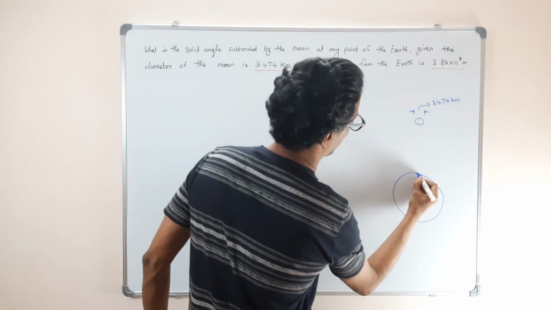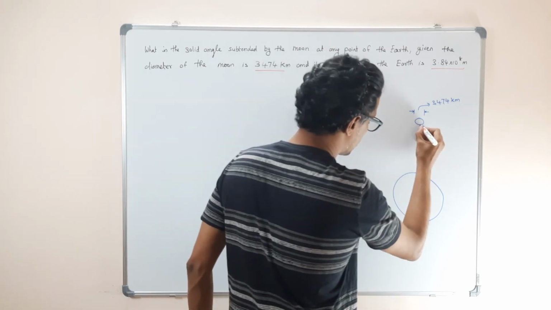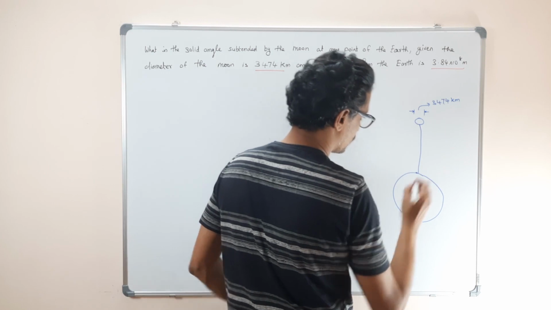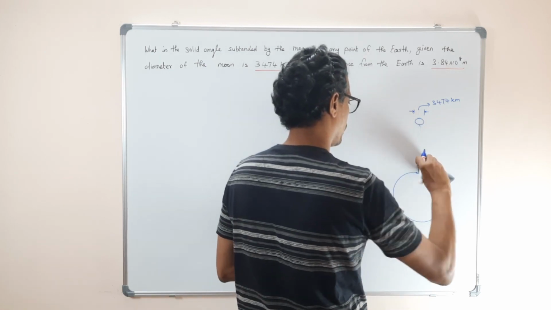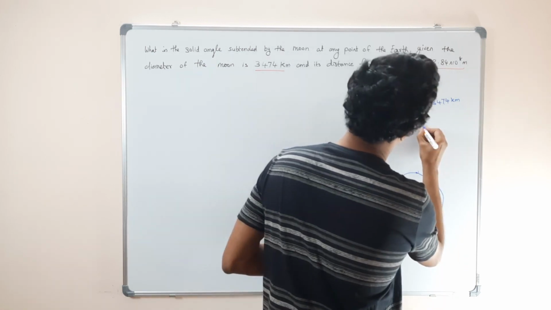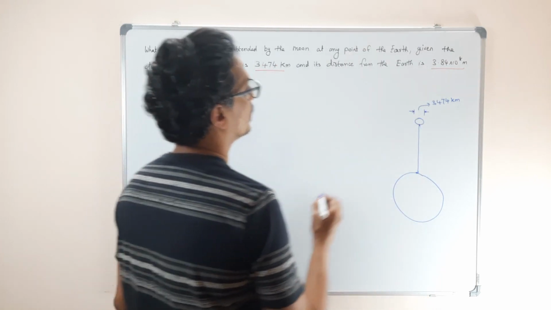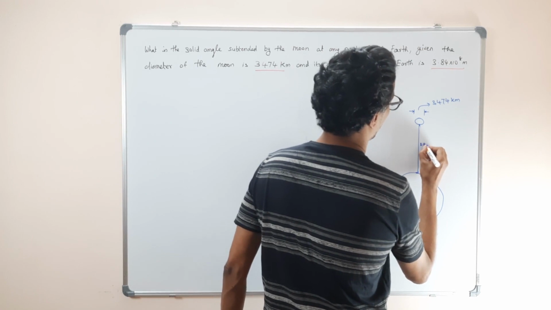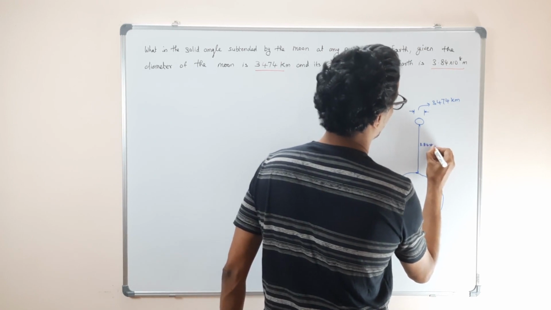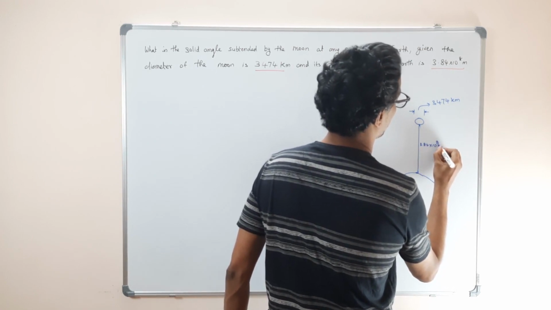So let us take this as the point. This distance is 3.84 into 10 to the power of 8 meter.